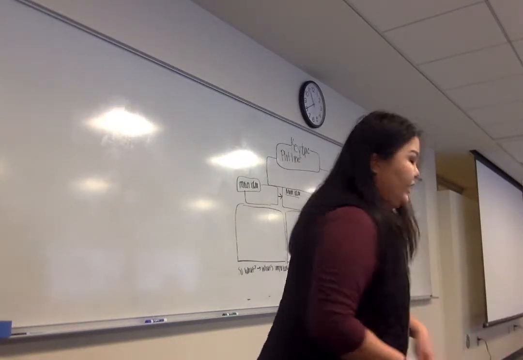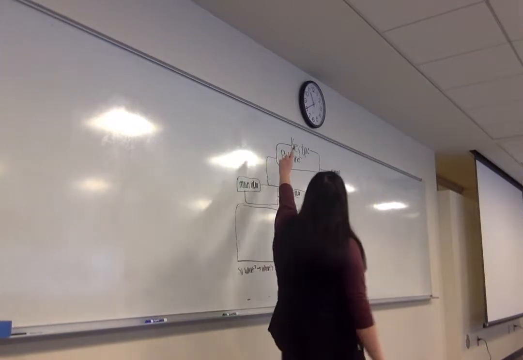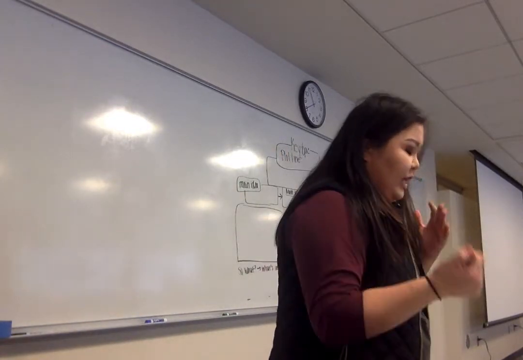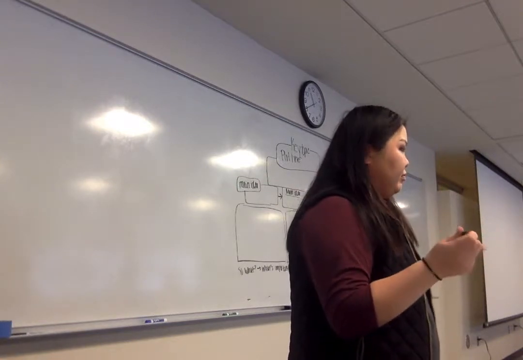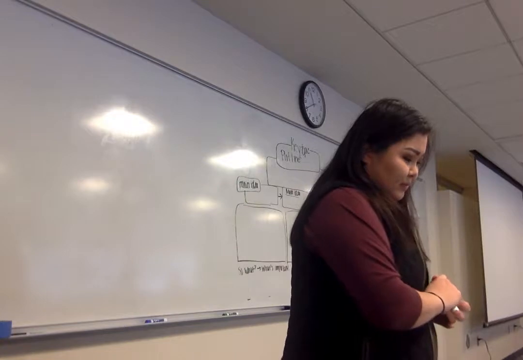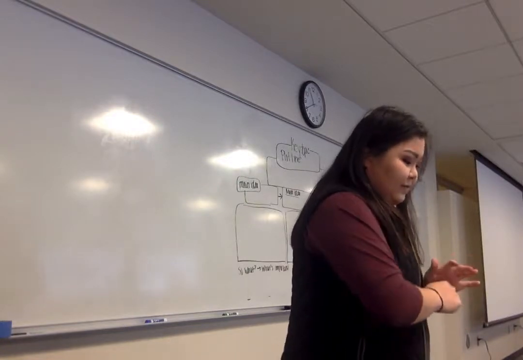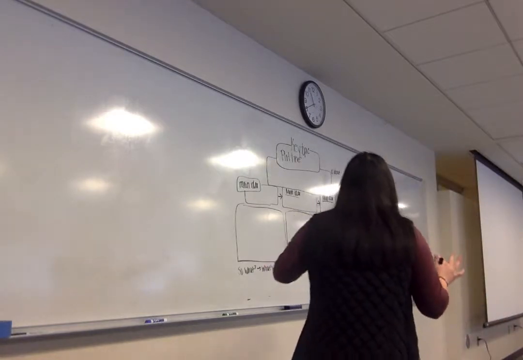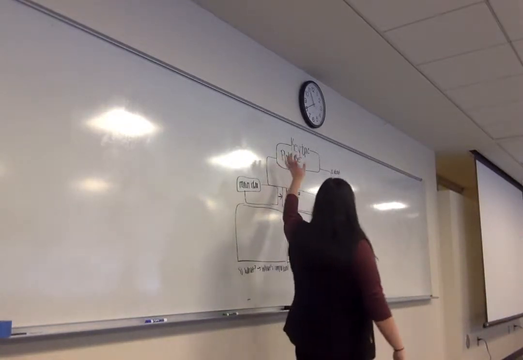Okay, so our topic for today, I have up here, is plot line. Now, does anyone want to take a guess at what plot line is? Yeah, Sam. Is it the order of main events? Yes, very good. So now, because we've discussed that, we need to write an is about statement.